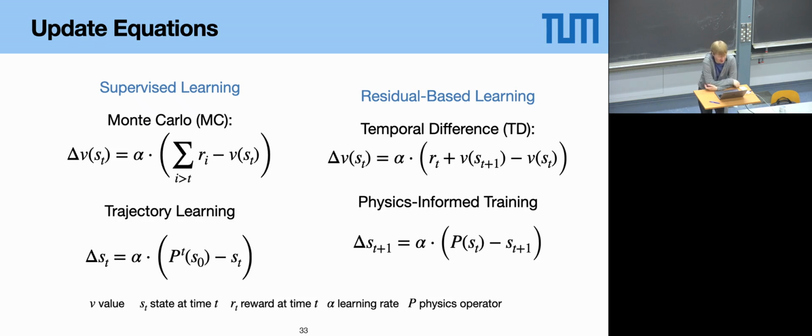So this is not supervised learning anymore, where you just have one prediction and observations. Here you have two predictions and possibly observations. This is also similar to physics-informed training, where you have an equation as a loss function, and there the state predictions also appear more than once in loss functions.